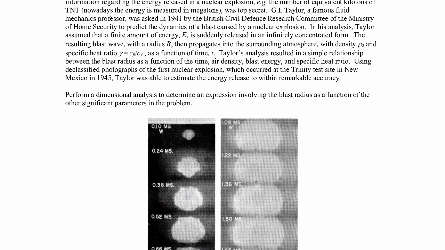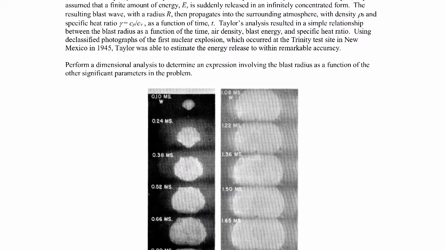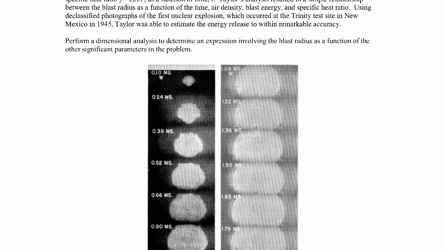And then he did a dimensional analysis on that, and he found that there was a very simple relationship between the blast radius and these other variables. And then he used some declassified photographs from the first nuclear explosion at the Trinity test site in New Mexico. So he used his dimensional analysis combined with these images you see here, and was able to estimate the energy release to within a very good accuracy.